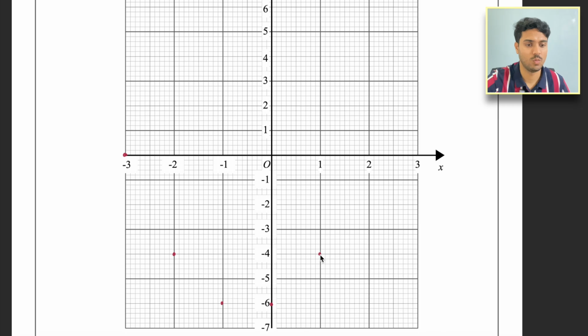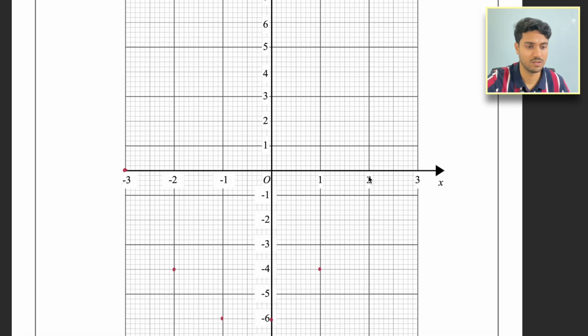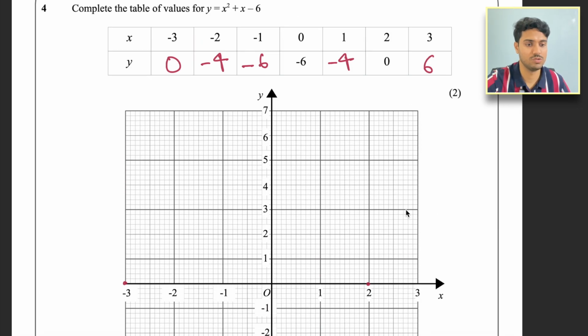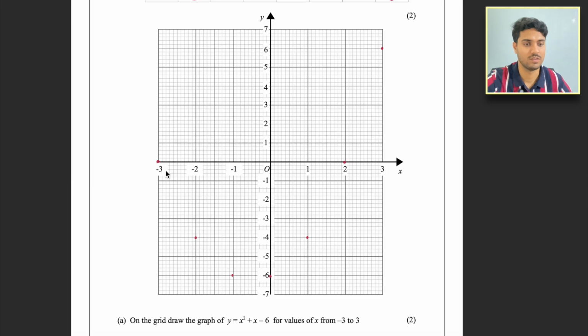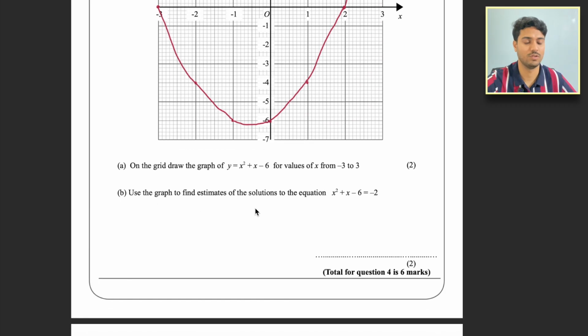Then 1, negative 4 here. 2, 0. And at 3 it is positive 6. So basically the graph looks like this. If we sketch this, the graph looks like this.